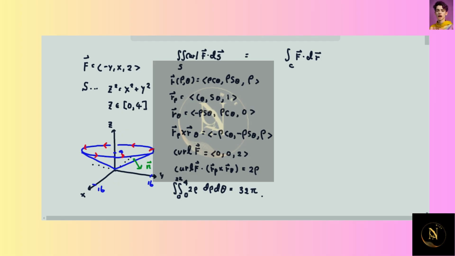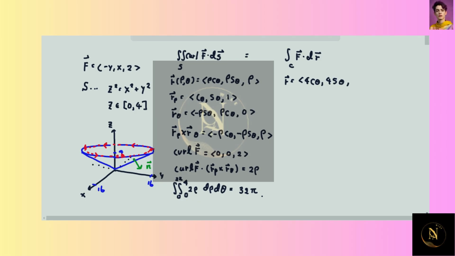Now, if I want to evaluate the line integral, this is a one-dimensional object, so I want to use one parameter. And I represent it here with a red circle right here. That's what the C is, it's the boundary of the top part of the cone. I choose to use r equal to 4 cosine theta, 4 sine theta.